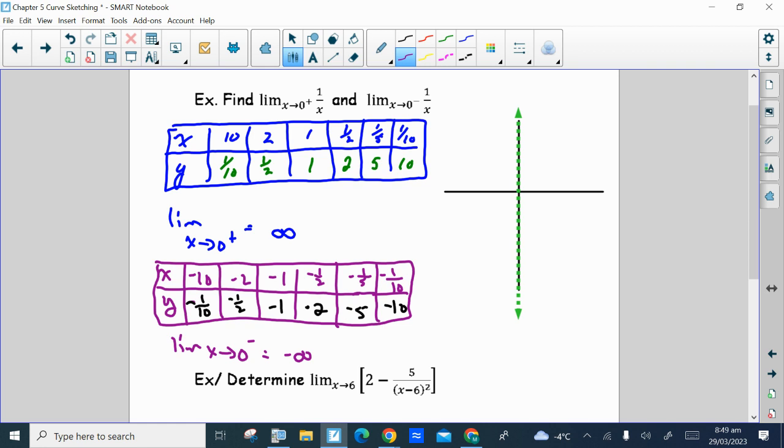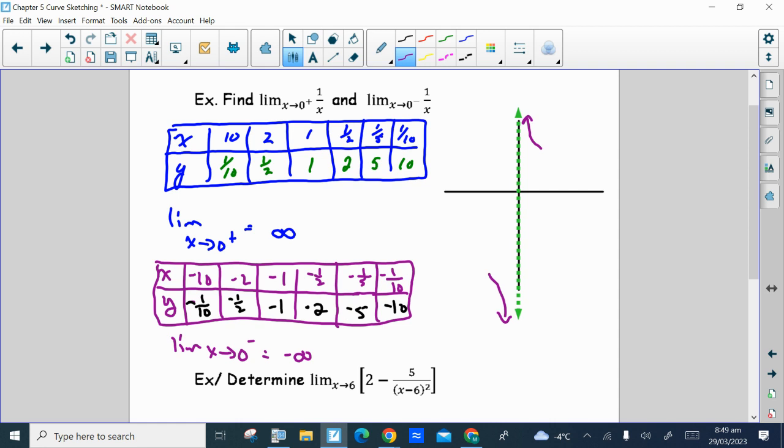As we approach 0 from the right side, the values of y get larger and larger. They approach positive infinity. So this curve will go upwards on the right side of that asymptote. But as x approaches 0 from the left, now y is approaching negative infinity. So the graph will go downwards as it gets closer to that asymptote.